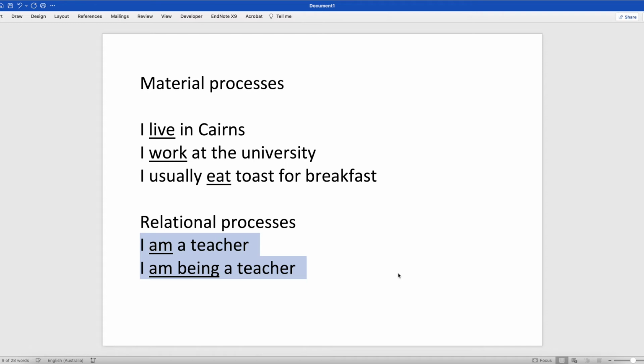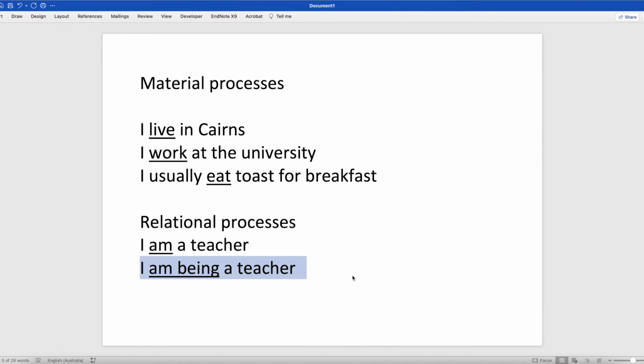And which one's which? Of course, the first sentence here is that I'm a teacher, it's my job to teach, and I come to work every day at the university and I teach. And of course, the second one means that only for today, or only for the moment, the present moment, I'm taking on this role.